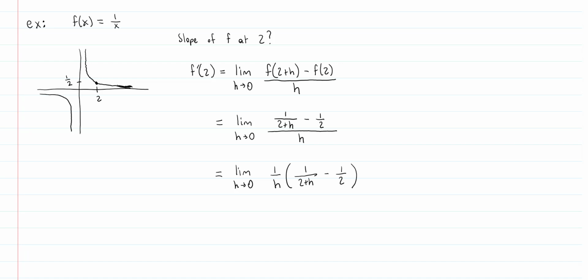Okay, so next, let's see here. I'm going to simplify. Let's try to get a common denominator inside the parentheses. Okay, so I'll multiply the first fraction by 2 over 2. And I'll multiply the second fraction by 2 plus h over 2 plus h.